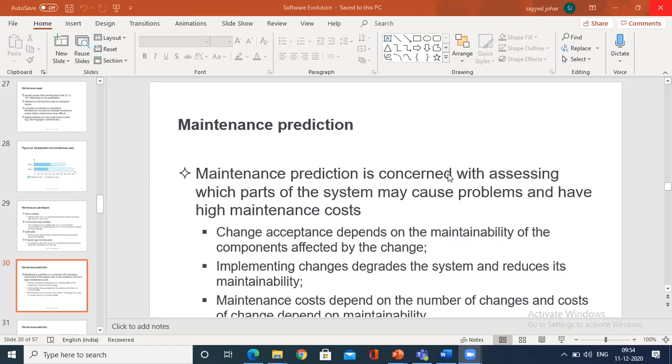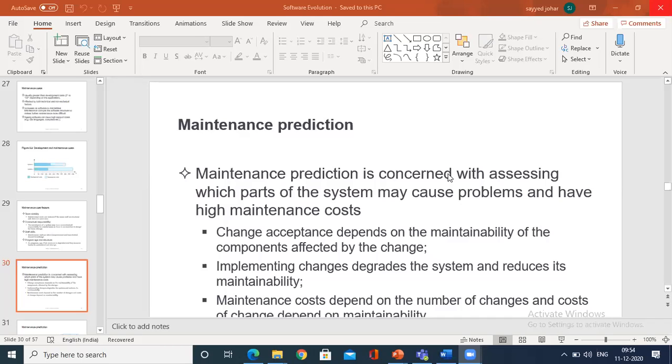It is simply an idea to predict what system changes might happen, and what parts of the system are likely to be most difficult, which part of the module is very difficult to maintain. With respect to this, we are going to estimate the overall maintenance cost. Maintenance prediction is nothing but estimating the overall maintenance cost for a system in a given period of time.